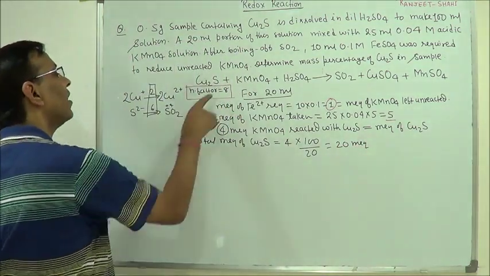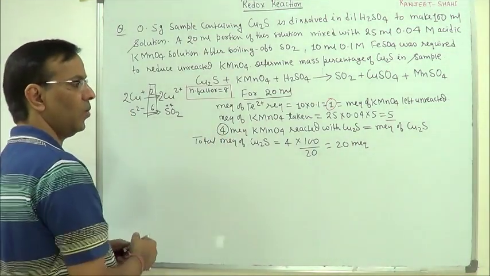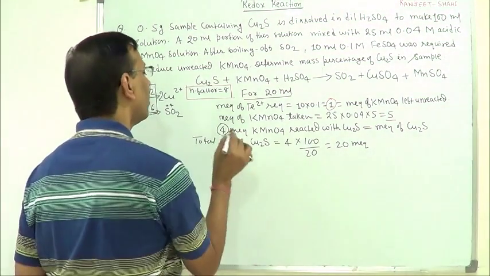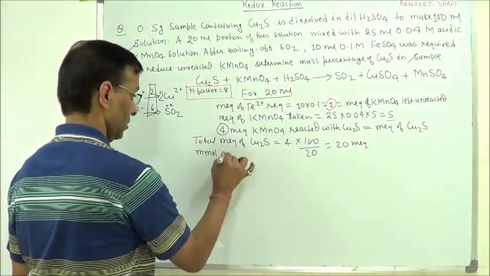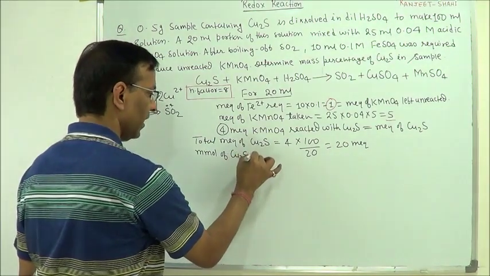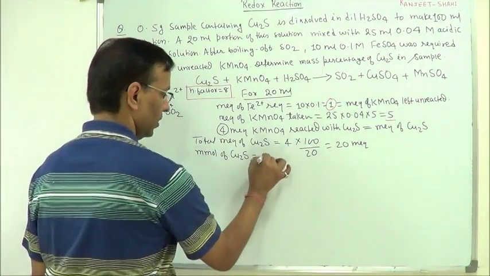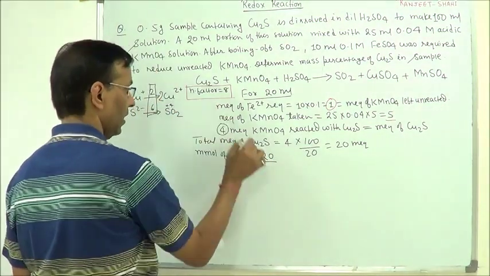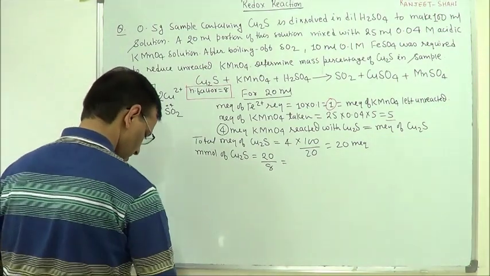As we have determined the N factor of cuprous sulfide as 8, if we convert this milliequivalent into millimole of cuprous sulfide, it will be 20 divided by 8, so 2.5.